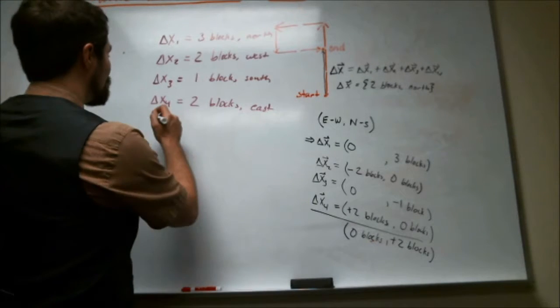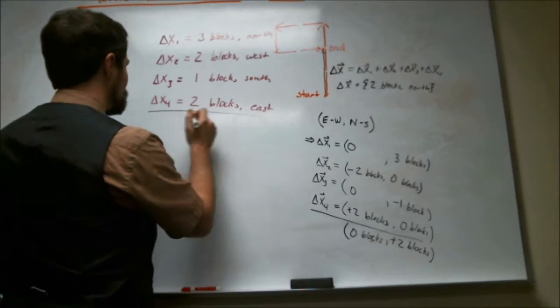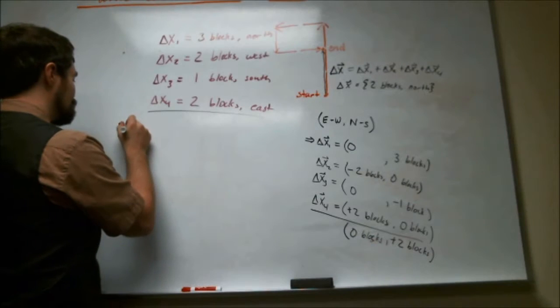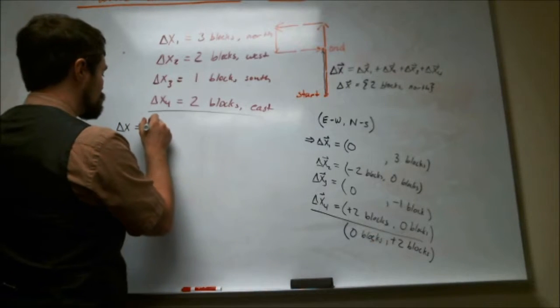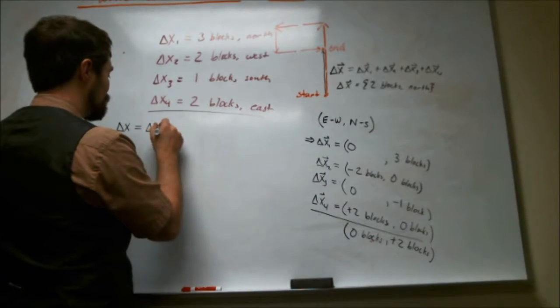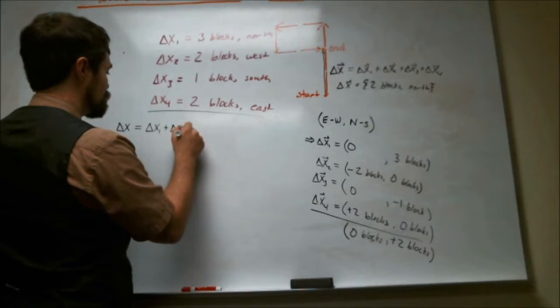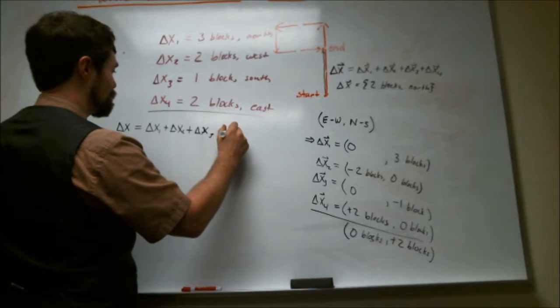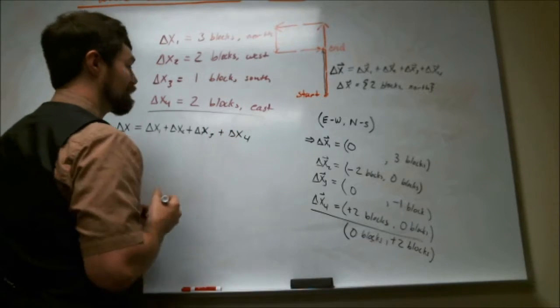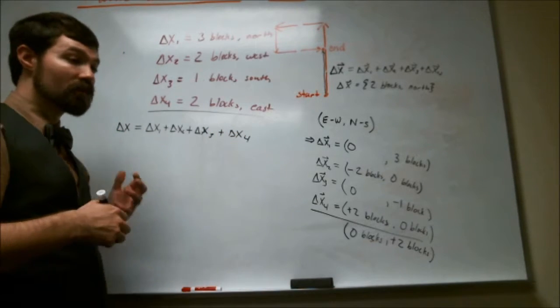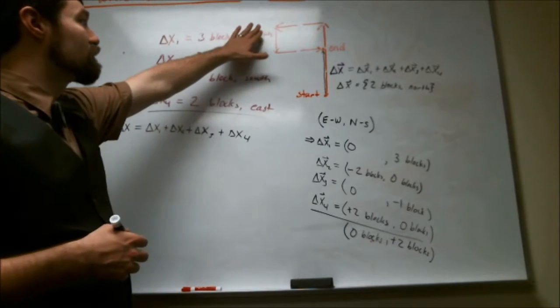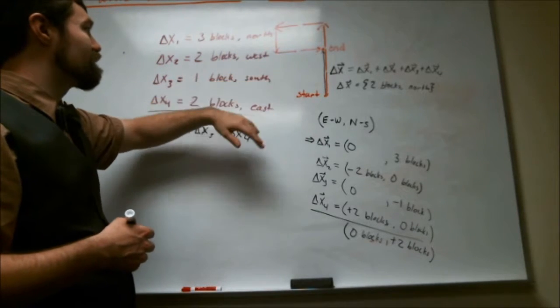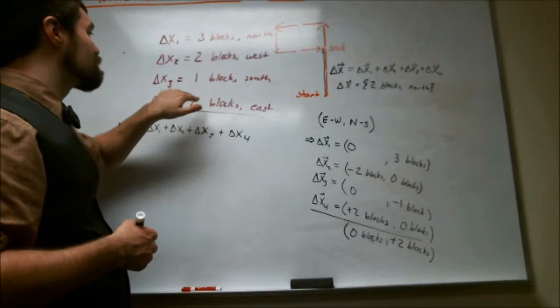So if all we want is just the total distance, we can just do delta x1 plus delta x2 plus delta x3 plus delta x4. And if all we're doing is just looking at the total distance traveled, we can ignore all this north, west, south, east, and we just look at these distances.